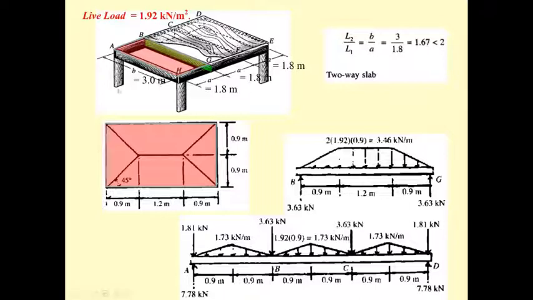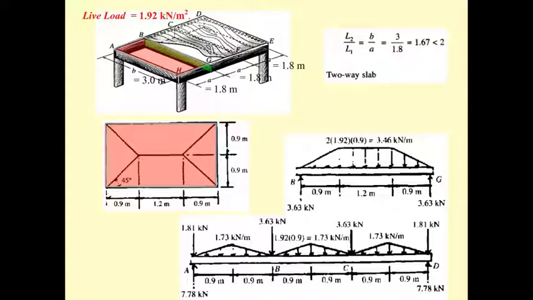However, for the two-way action, the distribution of the force from the floor takes a triangular shape and also takes this shape, and the small beam is going to have this kind of loading accordingly. For the girder or larger beam, the load is going to be more complex.